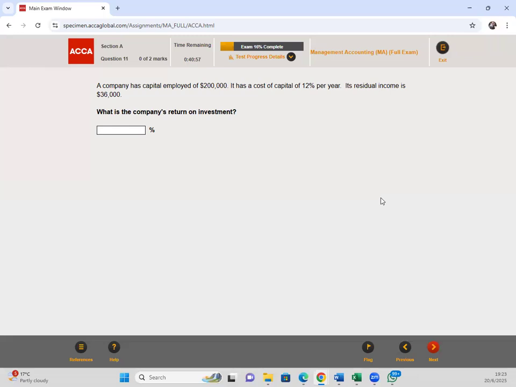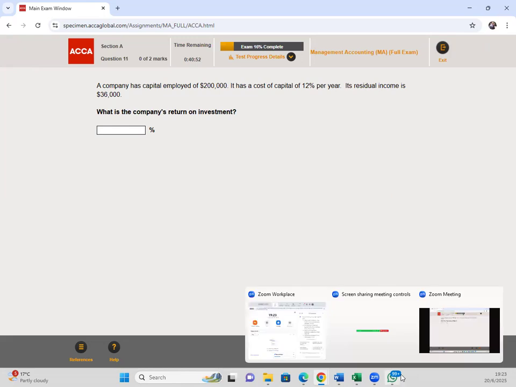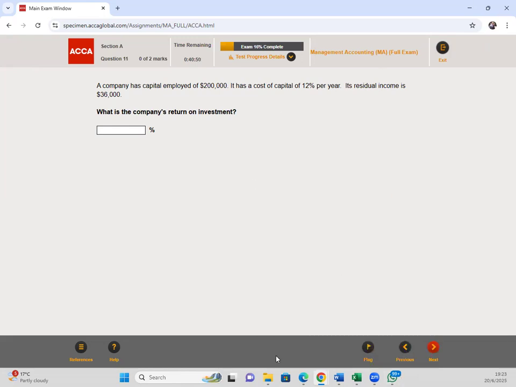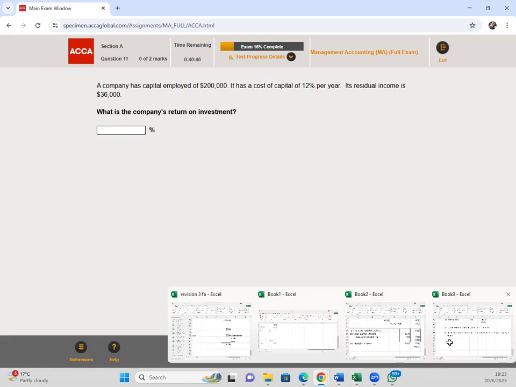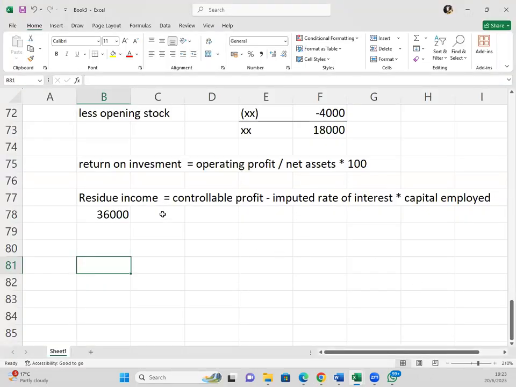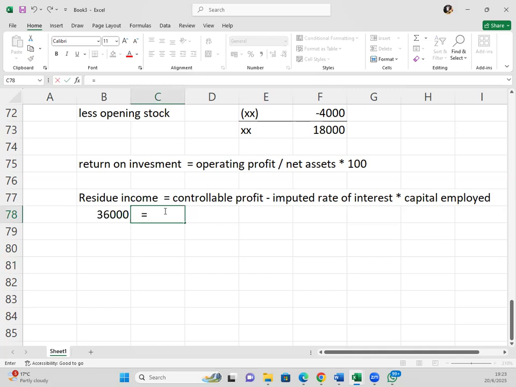And the capital employed is 200,000, and our cost of capital is given as 12%. So 36,000, which is our residual income, is equal to our controllable profit.